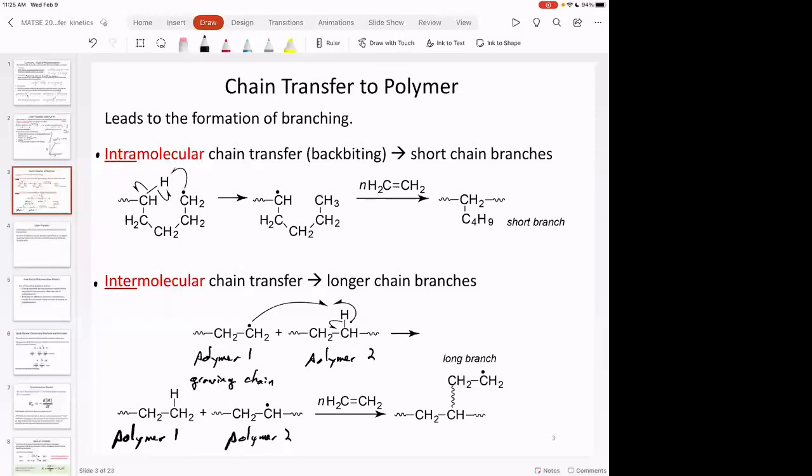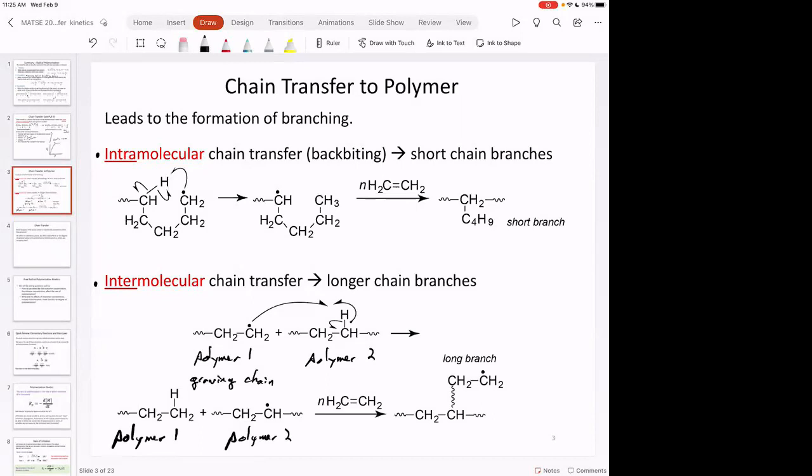We're going to talk about the situation where the radical transfers to polymer 2, and then they diffuse away from each other, and now that radical is stuck on polymer 2. And so you have a radical on a polymer chain. What are radicals generally going to do when they're sitting on polymer chains? They're going to react with something, right?